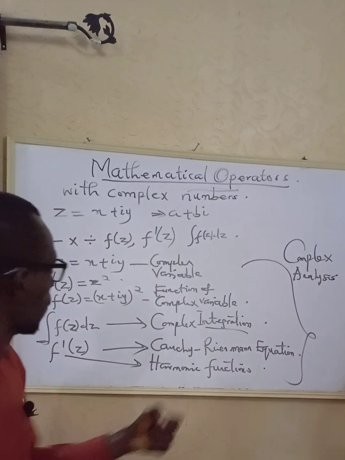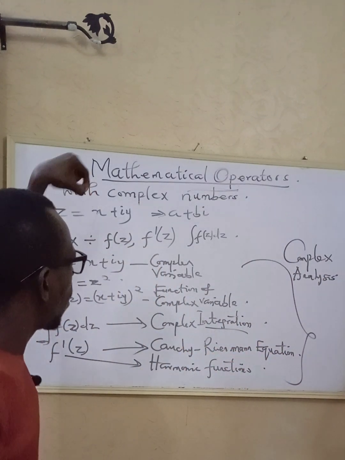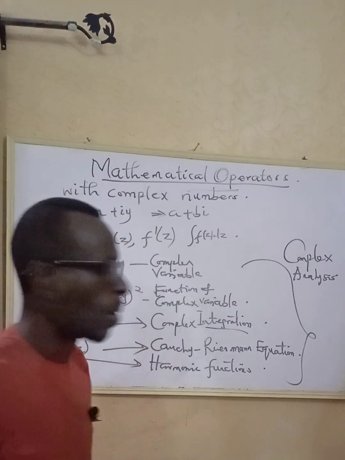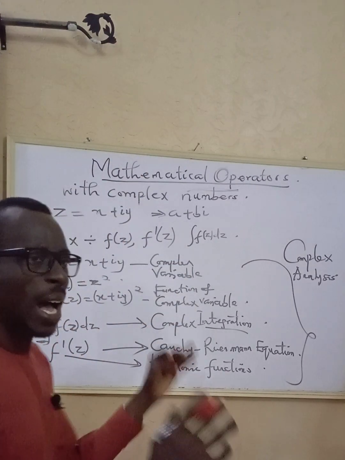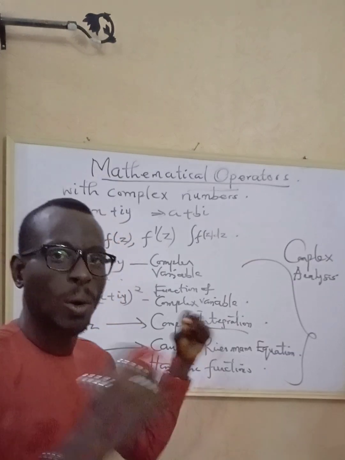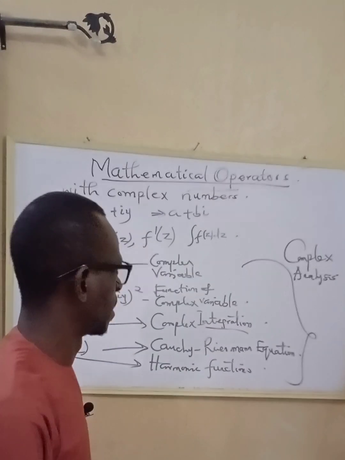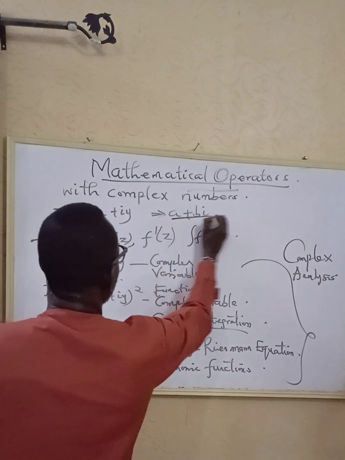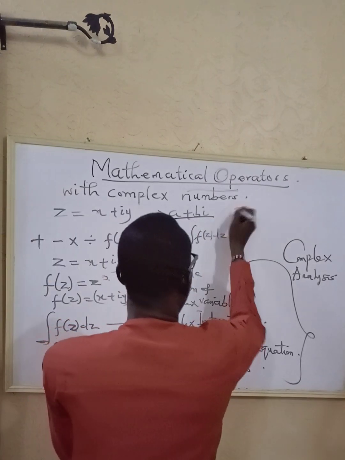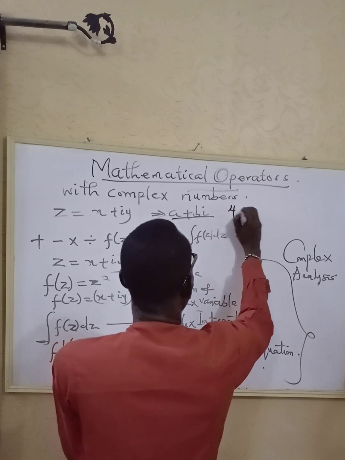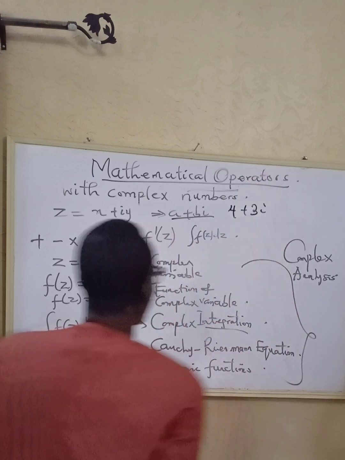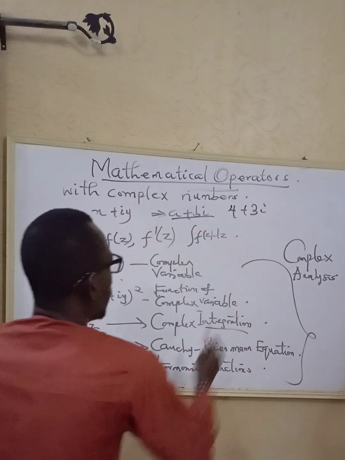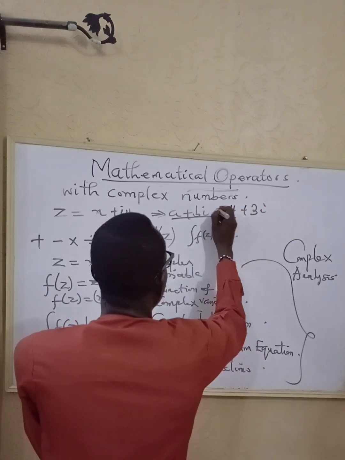We have established the fact that the combination of operators with complex numbers or complex variables has to do with all topics relating to complex analysis. But one thing is very sure here. We have the complex variables. The complex numbers are numbers like 4 plus 3i. We can easily transform this in a z plane.